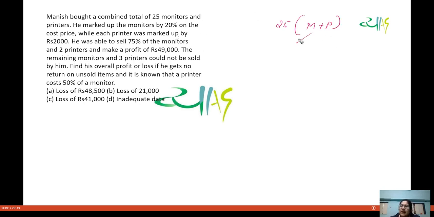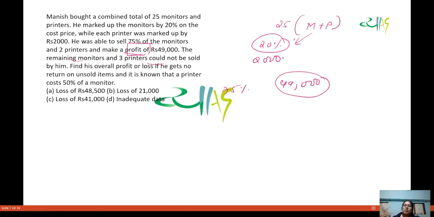Each monitor is marked up by 20%, while each printer was marked up by 2,000 rupees. Then it says he was able to sell 75% of the monitors in number, and two printers were sold and a profit of 49,000 was made.